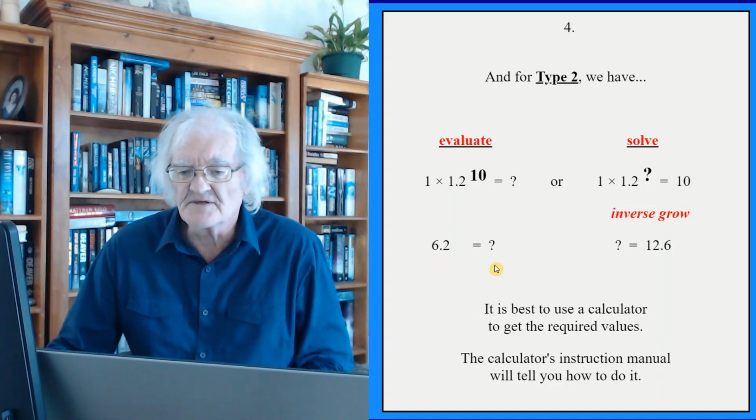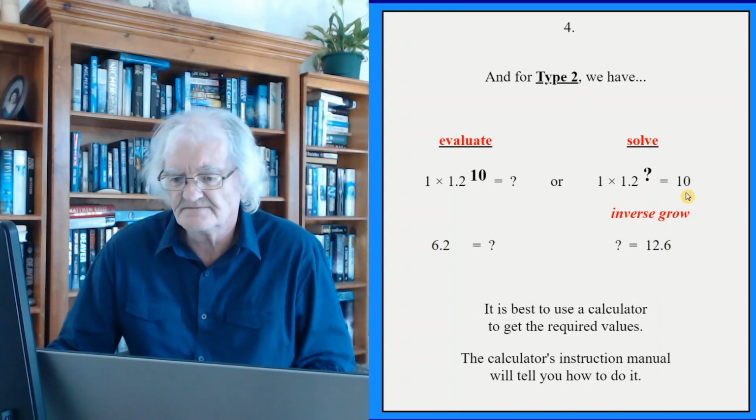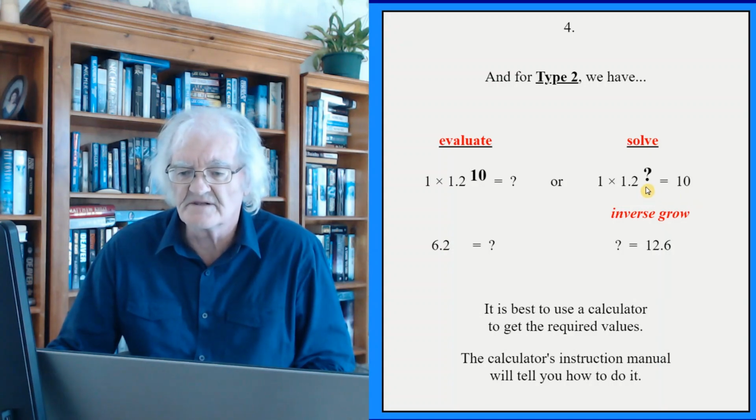Now, another possibility, I have $1, I let it grow for a number of years until it gets to $10. How many years or how many times did it grow? Now, in this case, the unknown is not by itself.